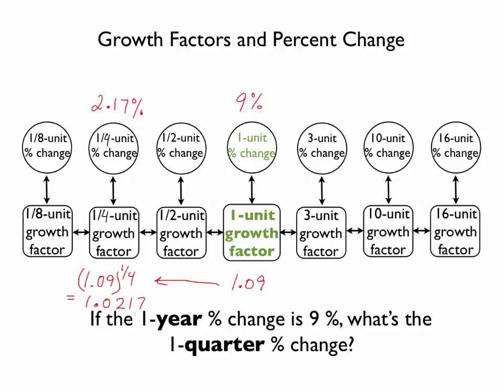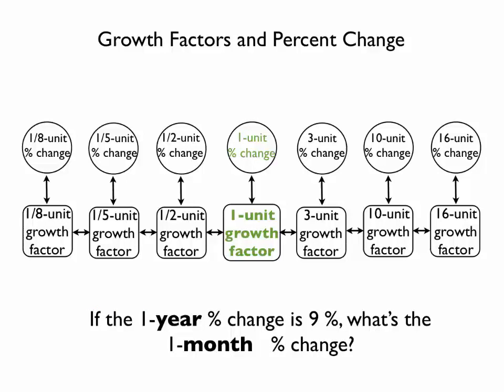Perfect. 2.17% every quarter results in 9% per year, right? If something grows 2.1% in 3 months and continues on that rate of growth, it'll grow a total of 9% over the course of a year. That makes you think of what? Money, interest, right? So let's talk about that.